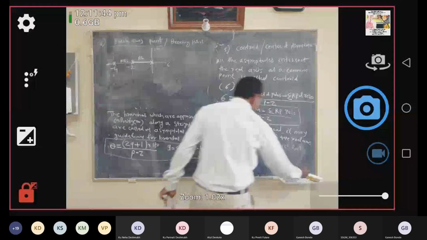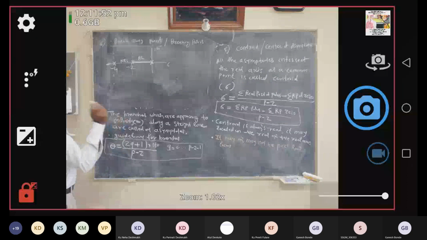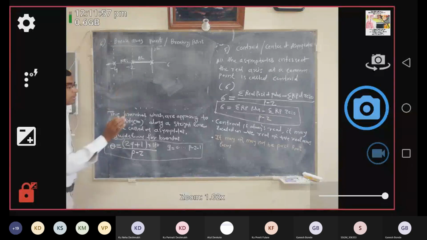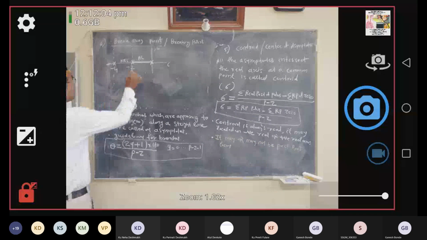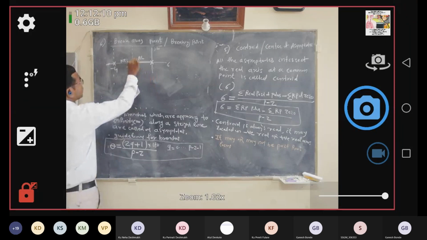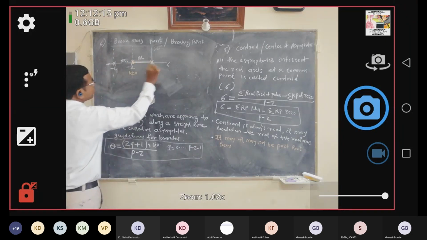Now where is the existence of your breaking point or breakaway point? What do you mean by breaking point or breakaway point? In step 1 and step 2, we have seen that root locus branches always start at open loop poles and terminate at open loop zeros. Root locus branches always start at K equal to 0. So one branch starts from this pole, and one branch starts from that pole at K equal to 0.